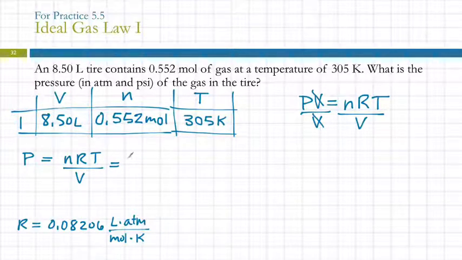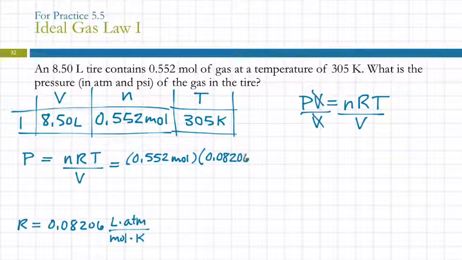So N is 0.552 moles. And R, this big old mass, 0.08206 liters atmospheres per mole Kelvin. And the temperature is 305 Kelvin.